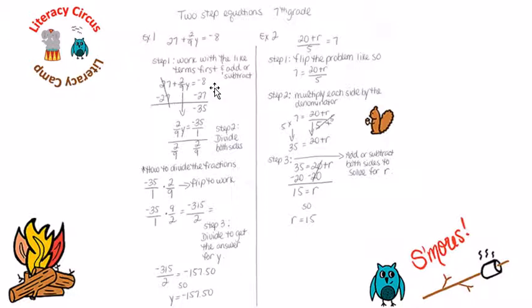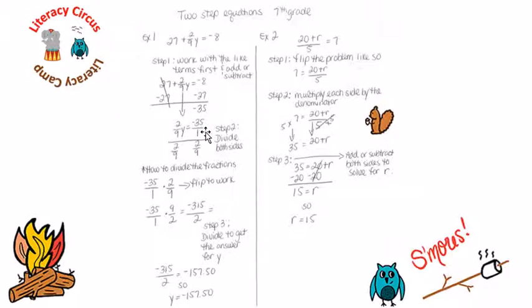What we did was subtract the 27 from both sides because it was positive here. When we did that, the 27's canceled. We of course brought the 2/9 y down, and -8 minus 27 yielded a -35.